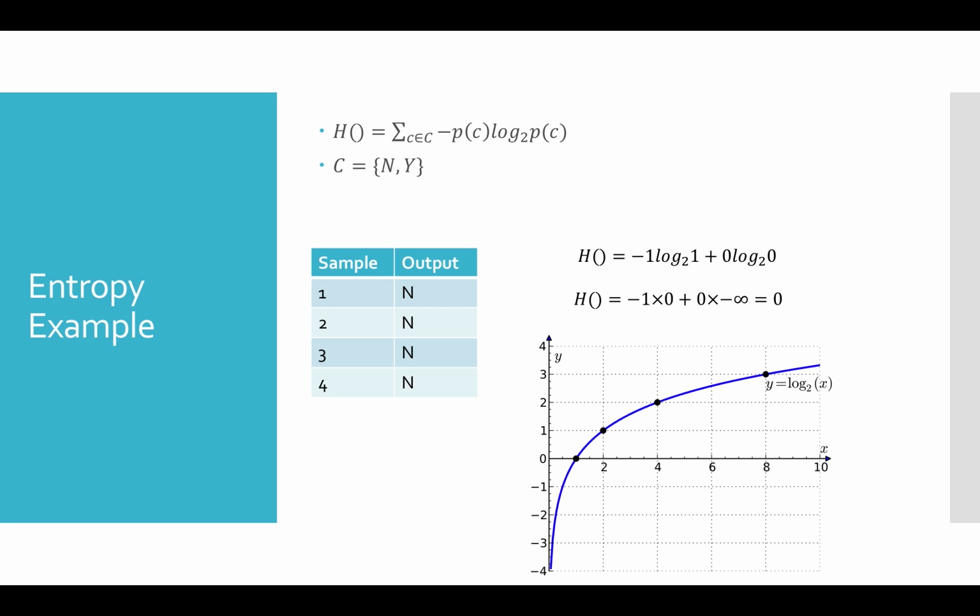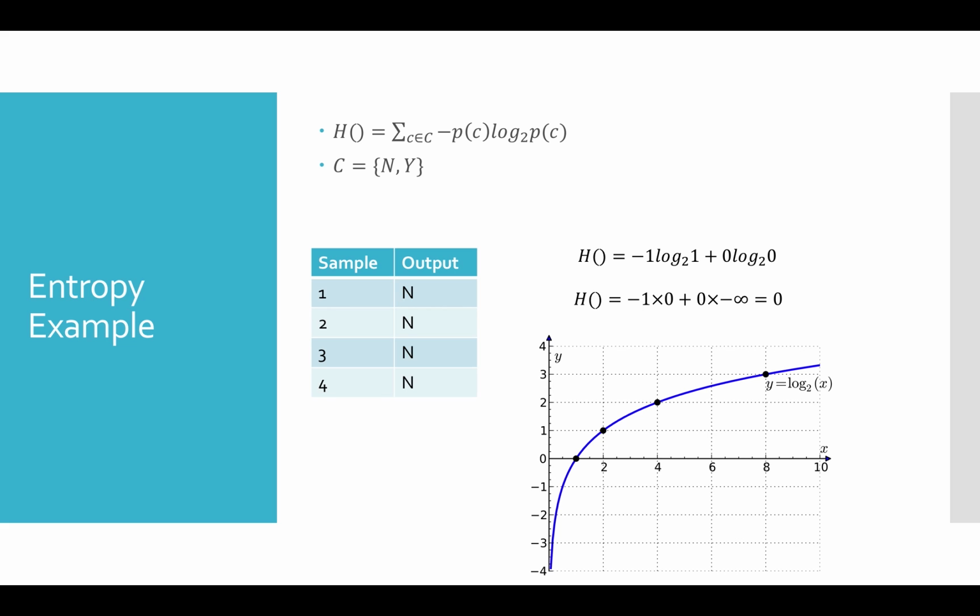Entropy here is going to be the negative probability of no. What's the probability of no? Well, in this particular data set, it's 100%, right? We have a probability of 1 that will say no. We always say no. So it's going to be -1 times log 2 of 1, right? Plus the negative probability of yes. And what's the probability of yes?